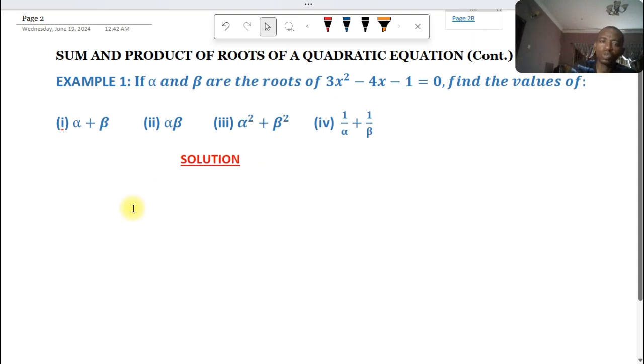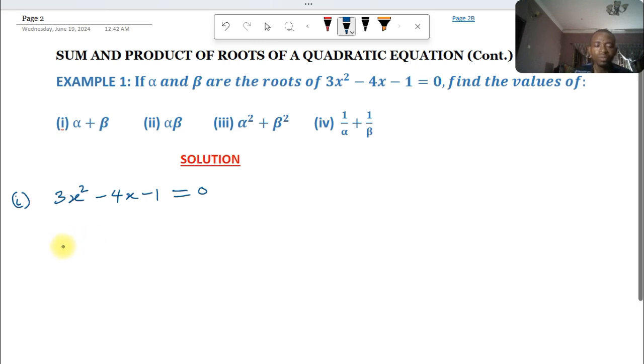Okay, the first one, I believe we are familiar with that. We have to take the sum of the roots. But permit me to write the quadratic equation first. We have 3x squared minus 4x minus 1 equal to 0.